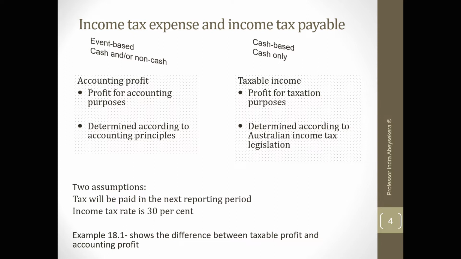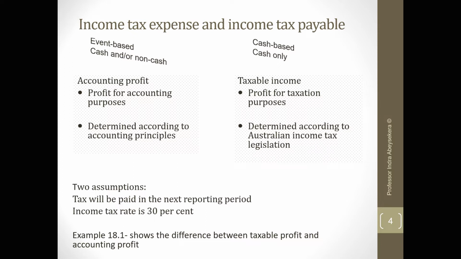And then from taking the difference, the taxable income is calculated. A difference between the two paradigms is that accounting uses accounting principles, but tax uses the Australian income tax legislation for such calculation.